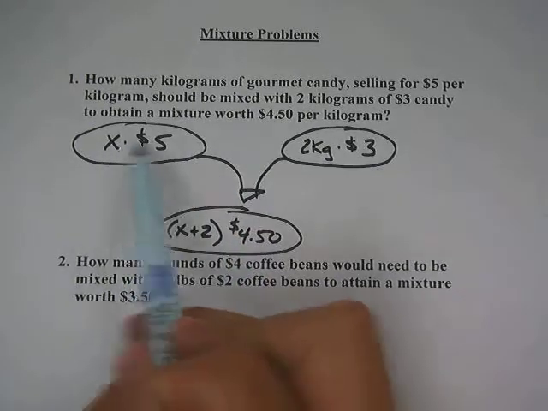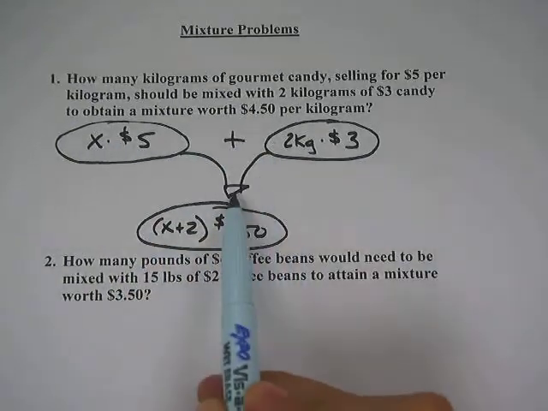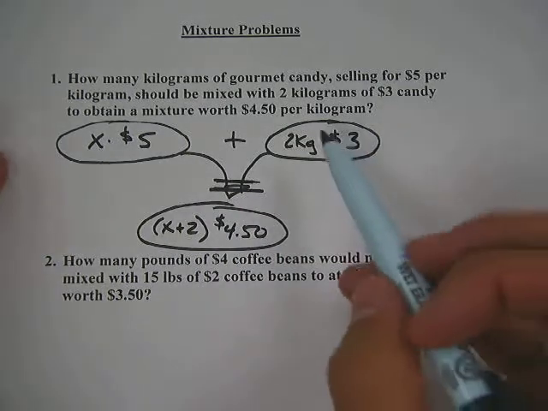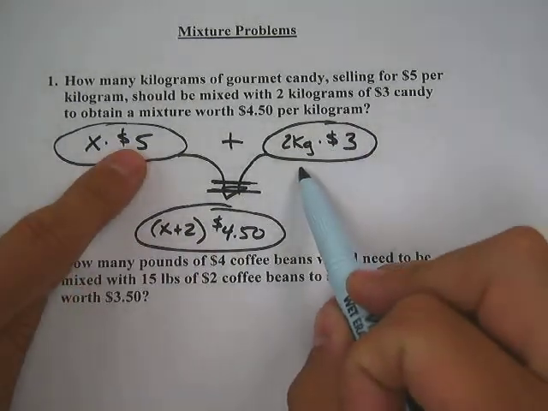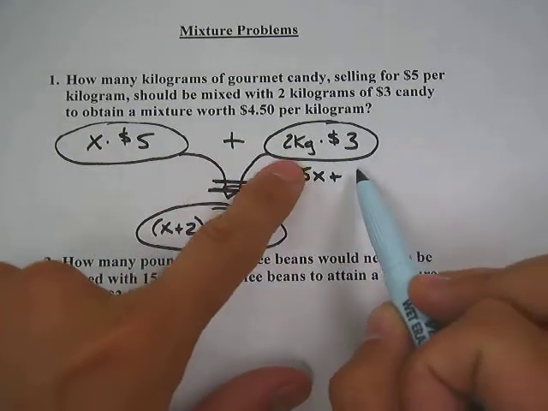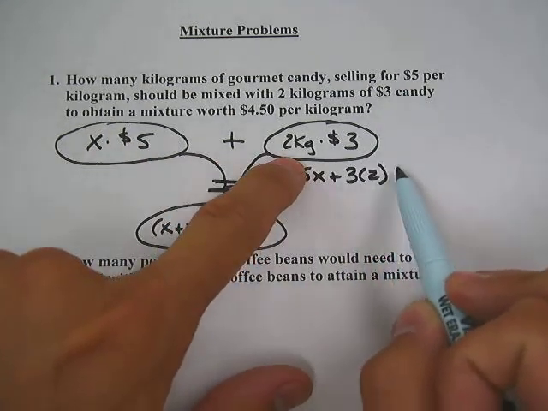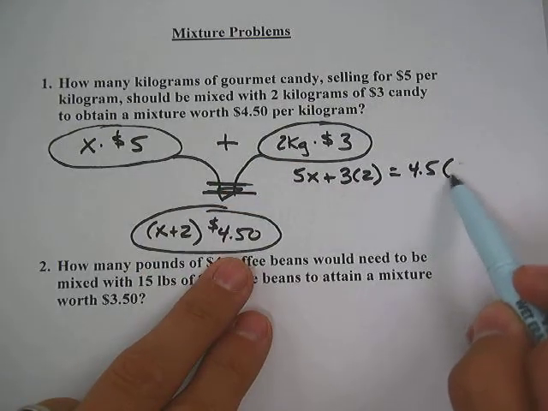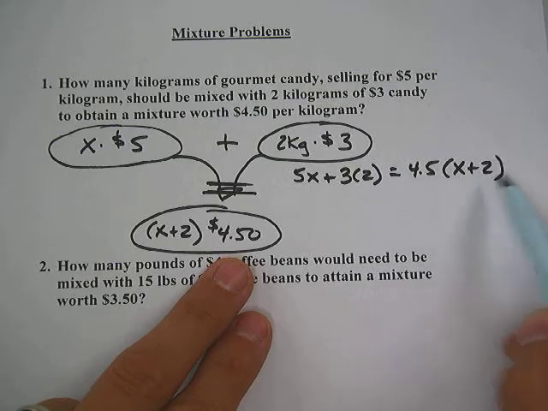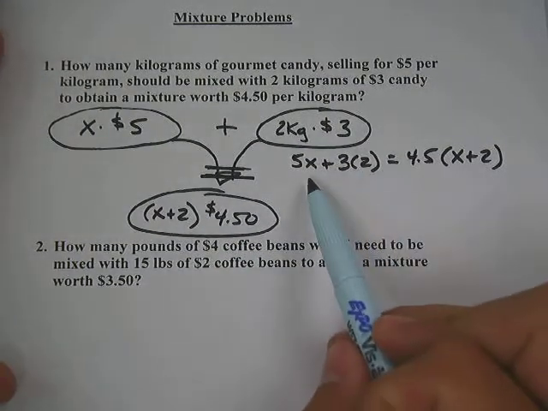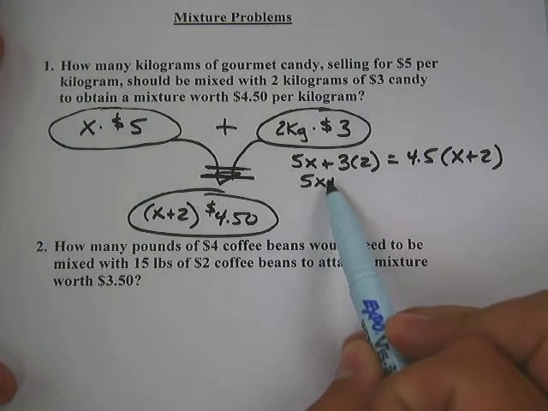In order to come up with the equation, we're just adding these two to equal this one down here. So my equation is going to be 5 times x plus 3 times 2 equals 4.5 times x plus 2. And there's your equation. Let's simplify.